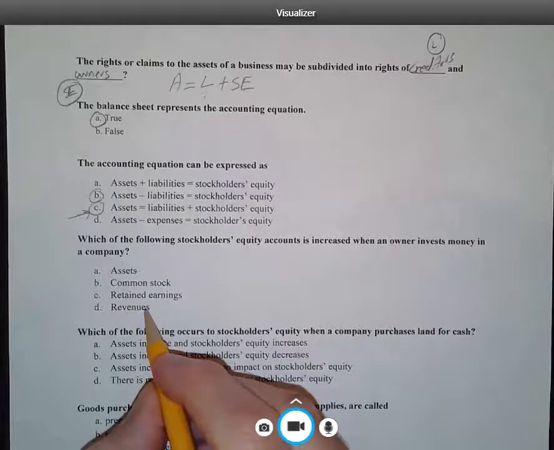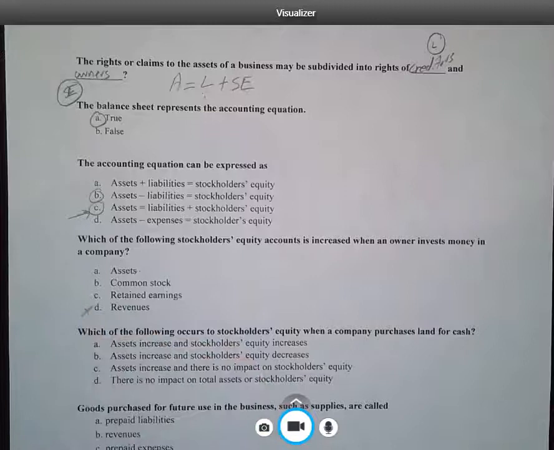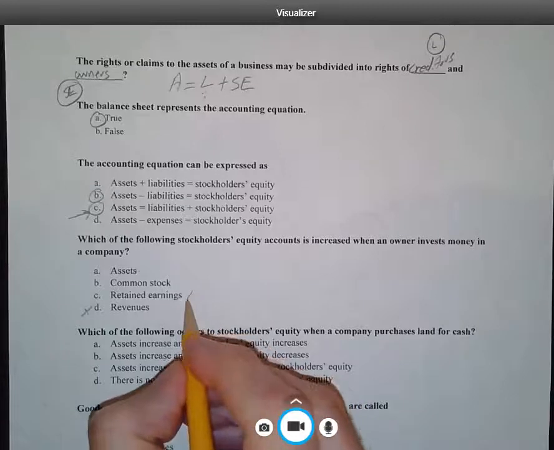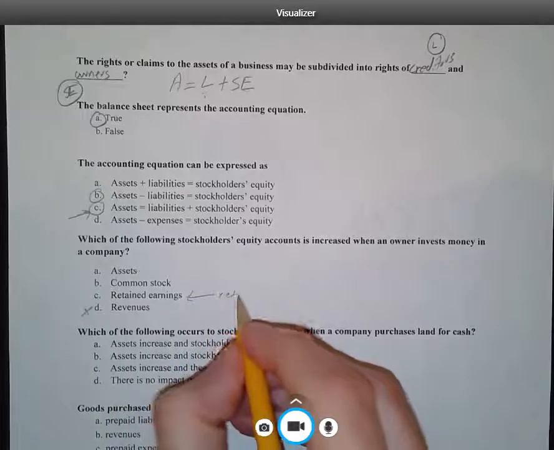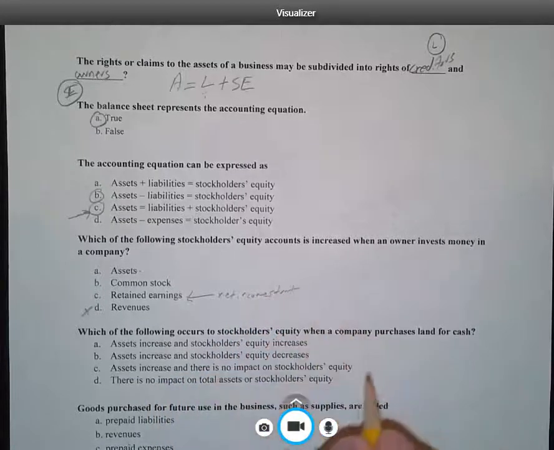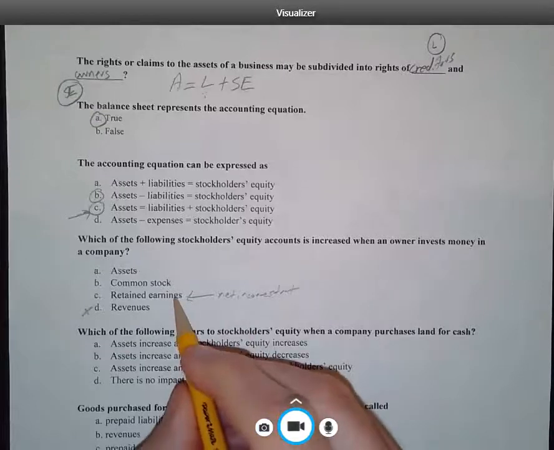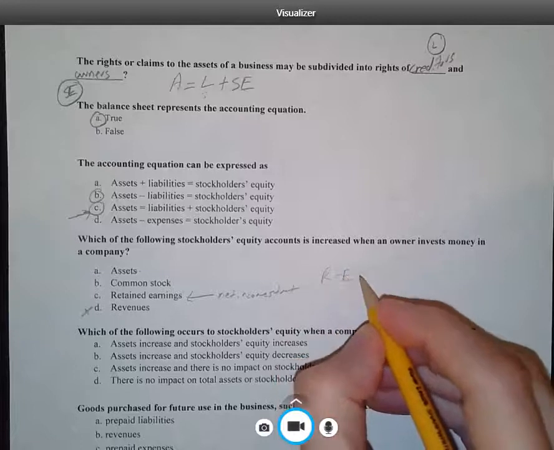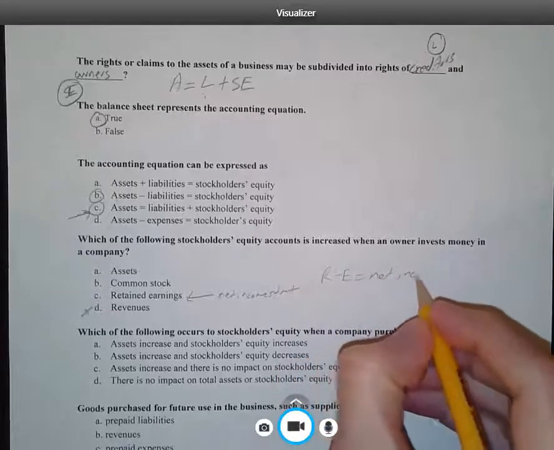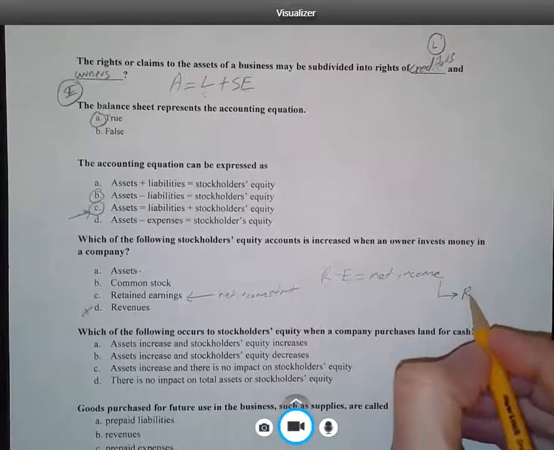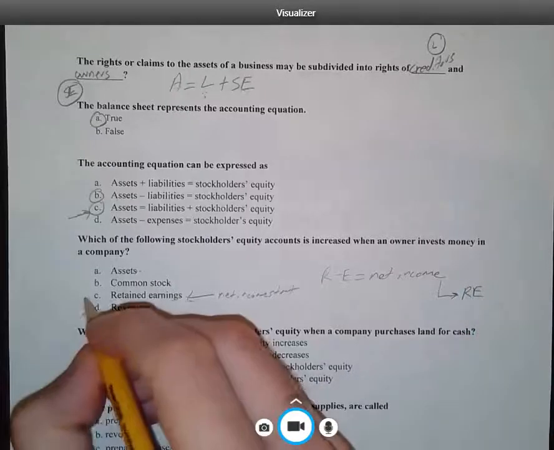Revenues are part of the income statement, so let's put an X by that one right away. Retained earnings flow from net income on the income statement. Even though retained earnings are found on the balance sheet, they are a reflection of the formula revenues minus expenses equals net income, and then net income flows over to the balance sheet to retained earnings. This is also an incorrect answer.